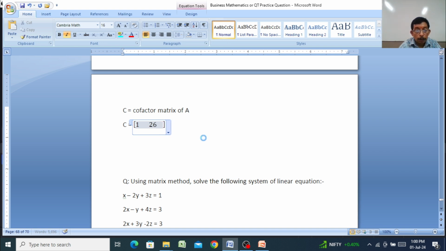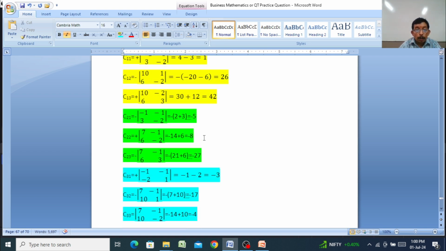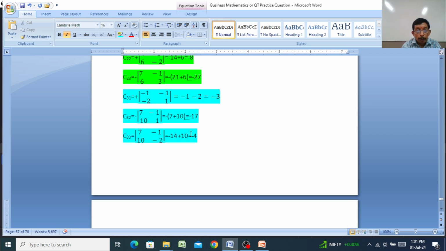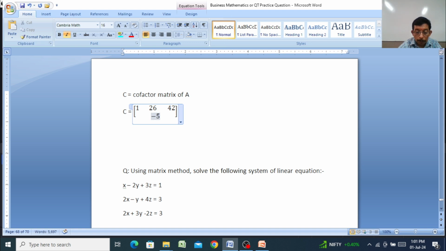Second row cofactor: minus 5, minus 8, minus 27.